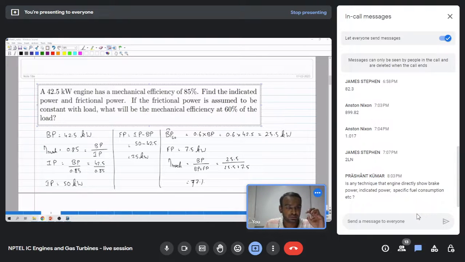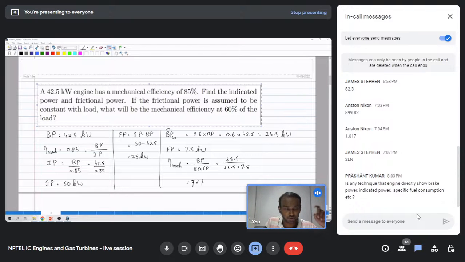Based on these two, it chooses the fuel quantity and spark timing in case of an SI engine, and fuel quantity and injection pressure and so on, based on engine speed and the throttle or pedal position. So if you have already made an experiment and found the brake power, indicated power and fuel consumption at different speed and throttle or pedal position points, then in real time also the engine ECU can keep calculating these, and somehow we can display it.